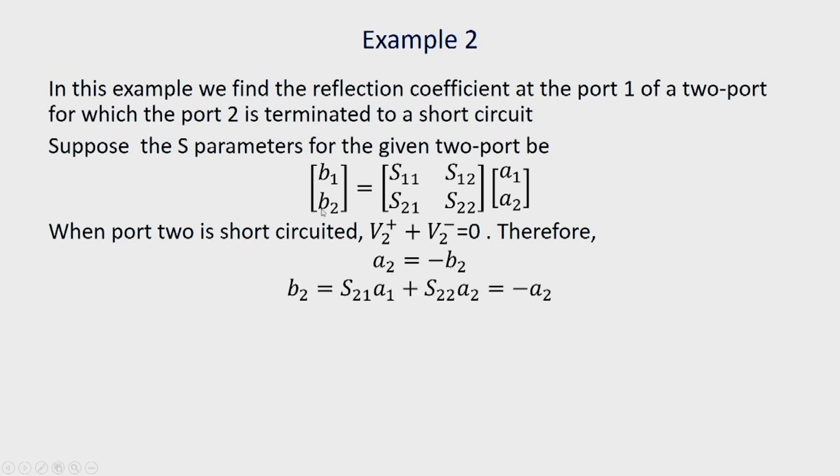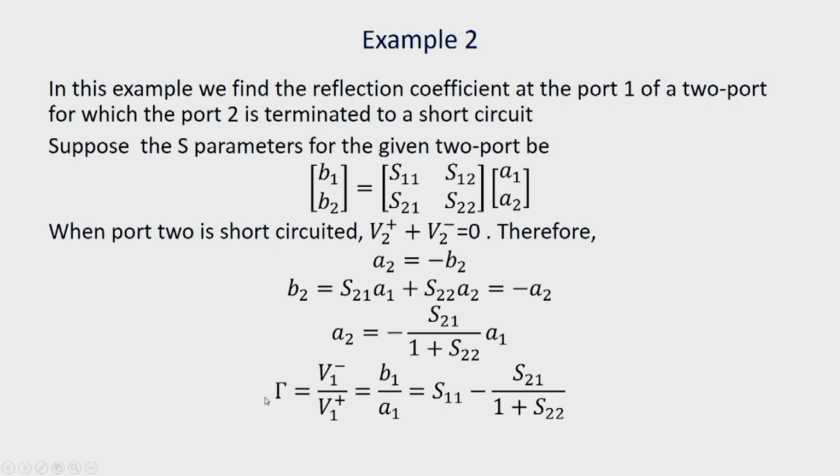And now, if we take B2 is equal to S21 A1 plus S22 A2, this can be written as minus A2, and from here we can solve A2 equal to minus S21 divided by (1 plus S22) times A1. And if you consider B1, then B1 is equal to S11 A1 plus S12 A2.